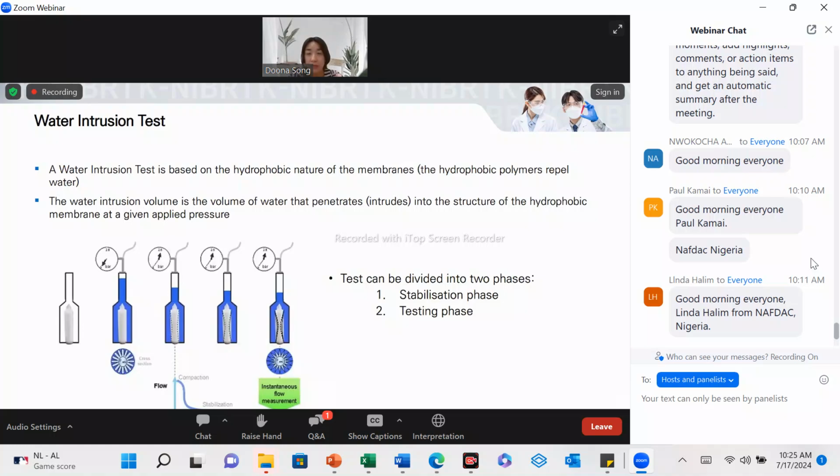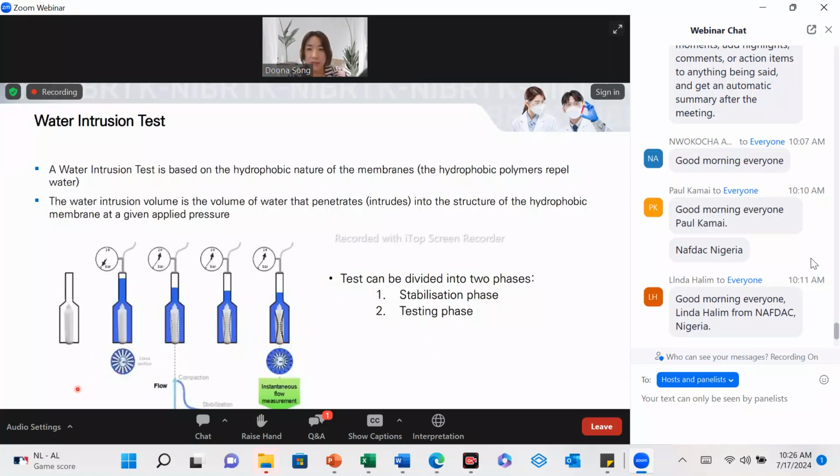This test can only be done with a hydrophobic filter. So what happens when you put a hydrophobic filter in the water and apply the pressure like this? The water can't pass through the filter. Instead, the pressure makes the filter crumple or shrink like this.